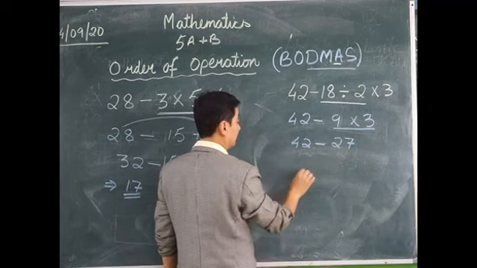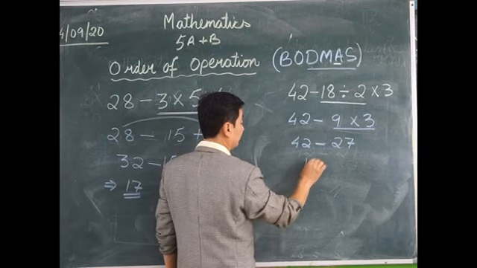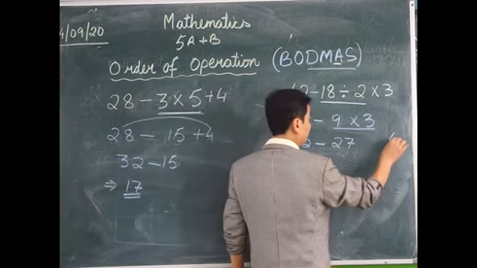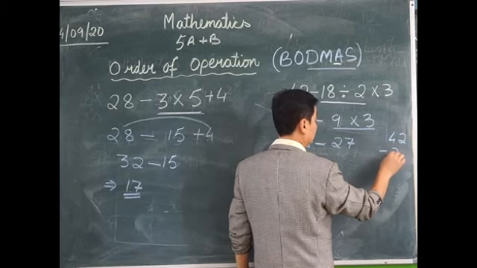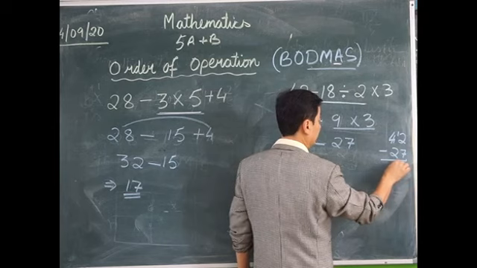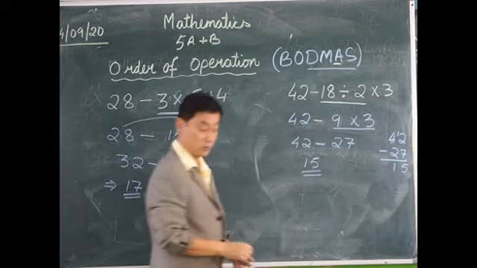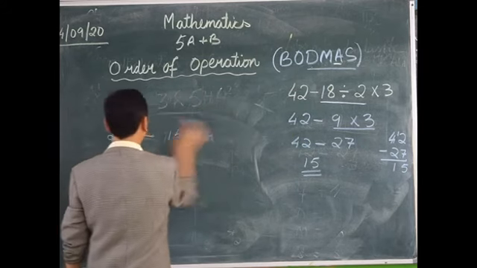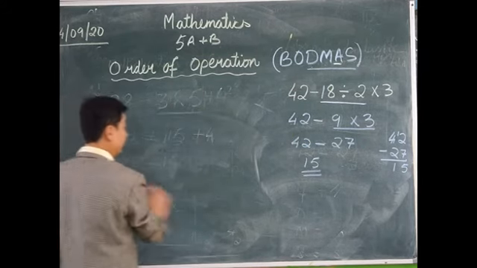Then subtract 42 and 27. 15 is your answer. You can do this here: 42 minus 27, borrow, and 3 minus 2, 1. Very, very simple. It will be simple if you follow each step.